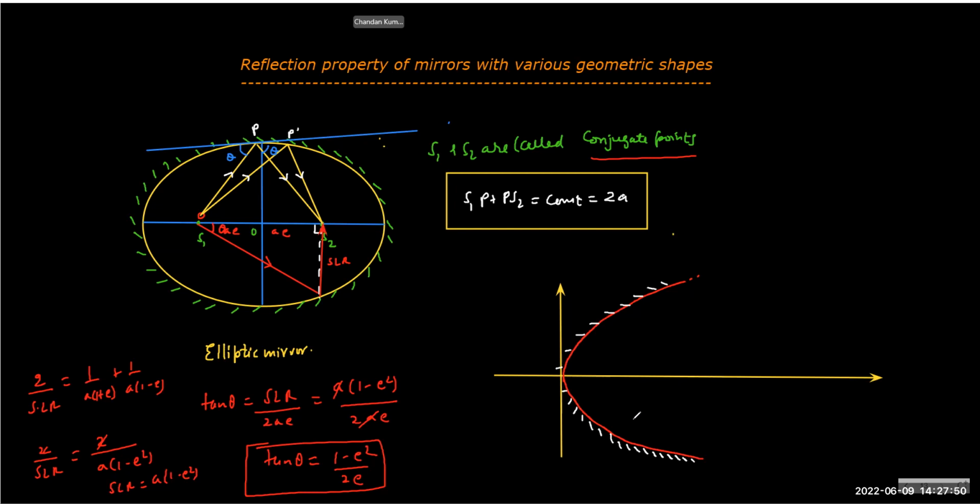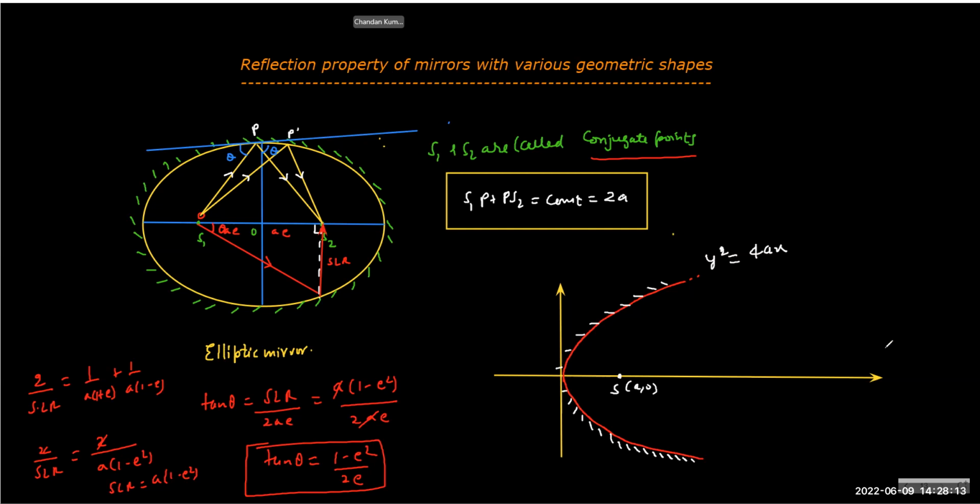Okay, anyway. Now, in the case of a parabola, let's say this is a parabola. The standard equation is y squared equals 4ax. In the case of a parabola, one of the foci is near the vertex, which we call S, and the coordinate is (a, 0).